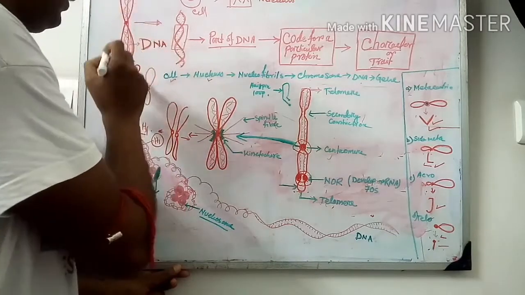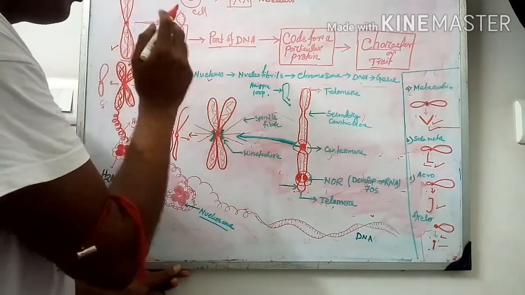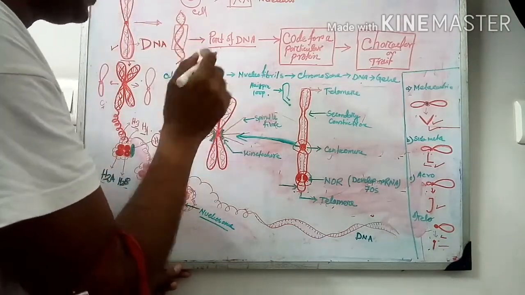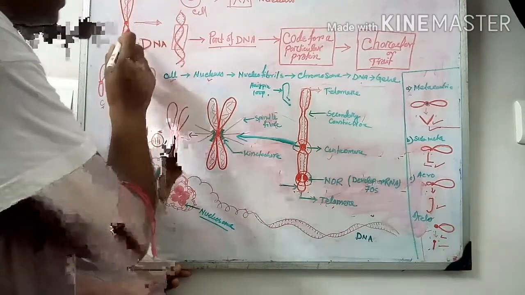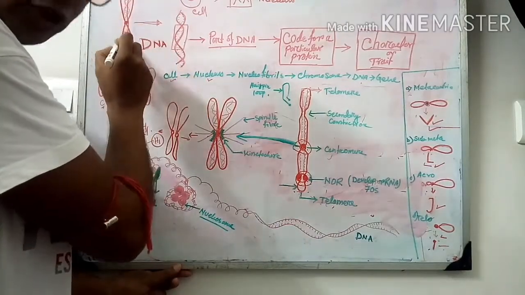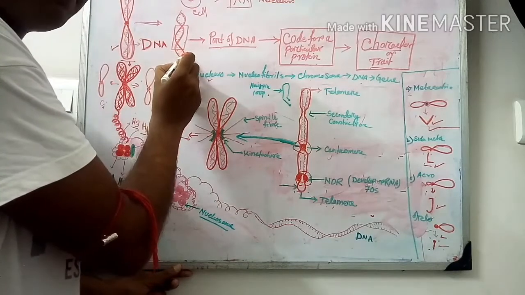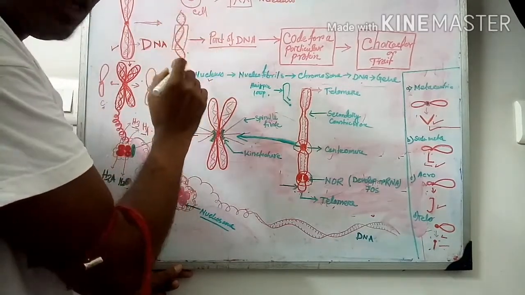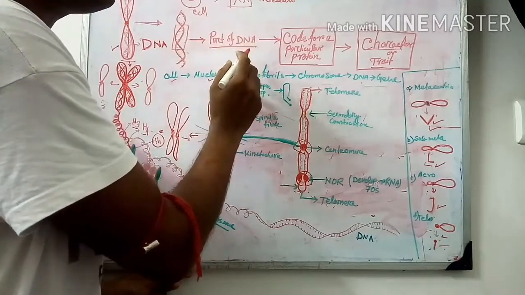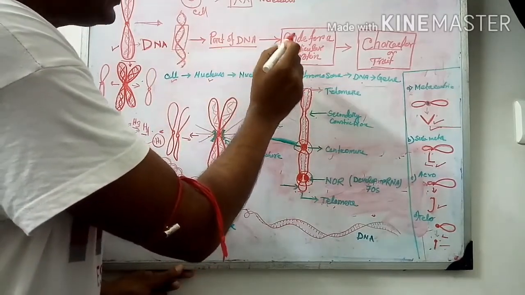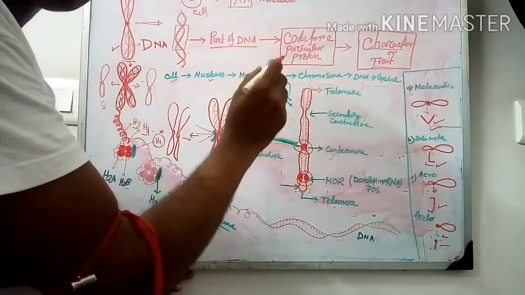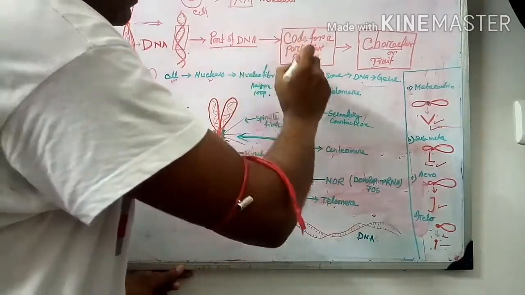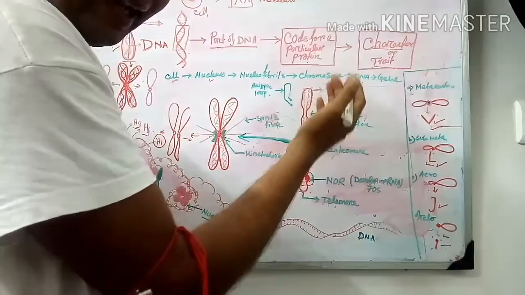Within the chromosome there is DNA. If we ask where the gene is present, we see that a particular part of the DNA is responsible for the formation of a particular functional protein, and that protein forms a particular trait.